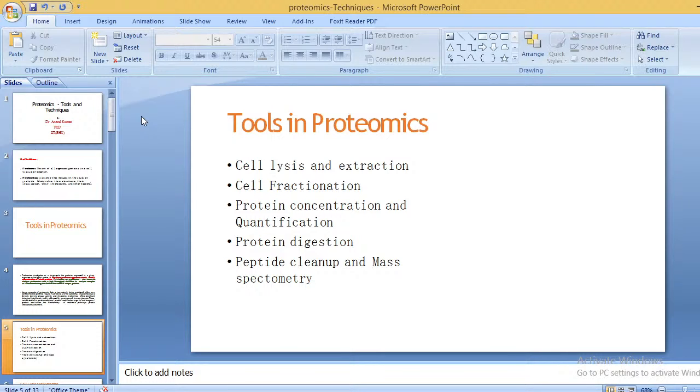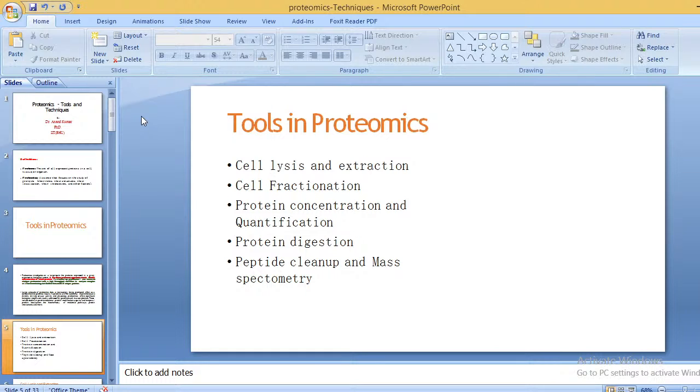Okay, we will learn about the SDS page later. First we will discuss the brief idea. Okay, next is cell fractionation. After extraction of proteins we will fractionate proteins.